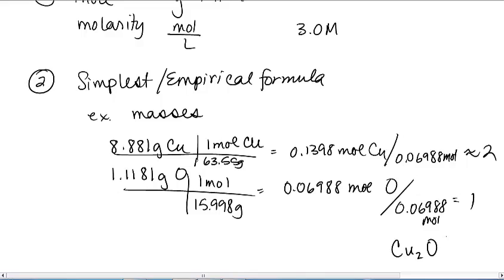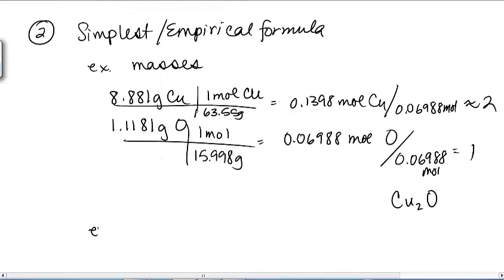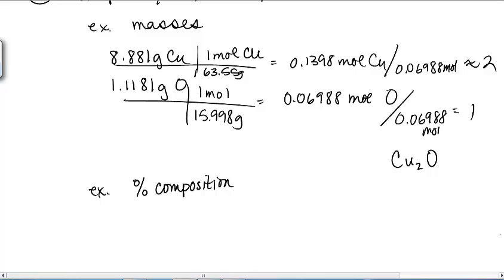What if you were given the percent composition as one of your problems for today? We'll give it to you. So what if, for example, you were told it was 79.9% copper and 20.1% oxygen? What would you do then?